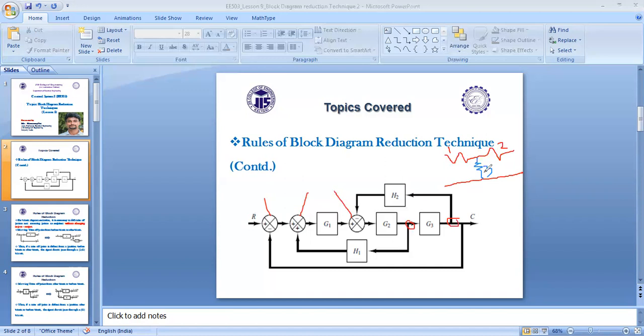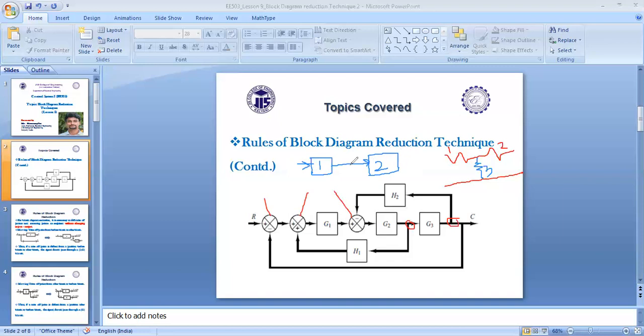So what happens here also? Suppose you have two blocks, block 1 and block 2. See, these two blocks are connected in series or cascade. So overall transfer function will be 1 into 2, isn't it?